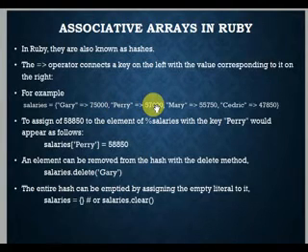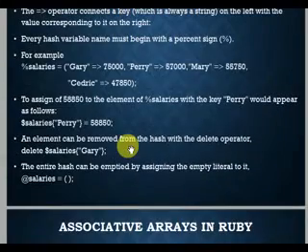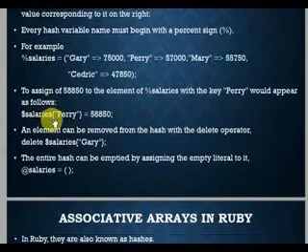If we need to assign a value to the element with the key Perry, it would appear as follows: salary, Perry, and this one. But you can check in the previous one, in Perl, we were using the dollar symbol, isn't it, in order to replace the given value.